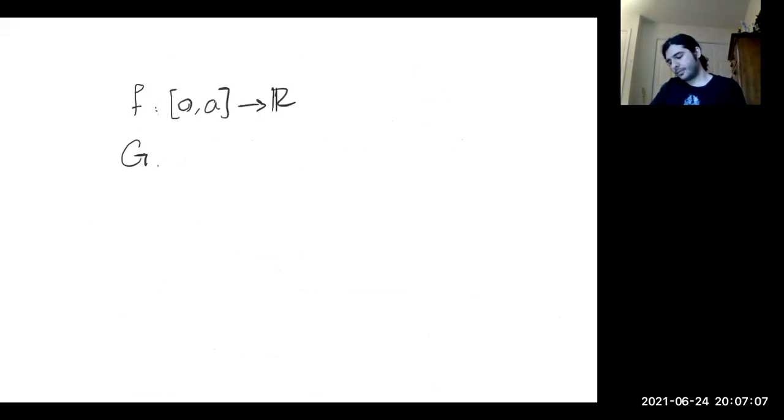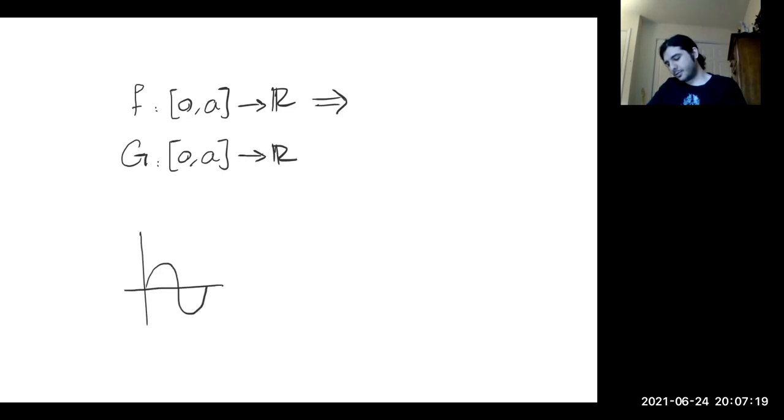So we have this function f of x and this function g of x, both of them defined on the interval from 0 to a to R. Whenever we have a function, let's just draw something randomly from 0 to a, we can extend it. But remember, there are two types of extension.